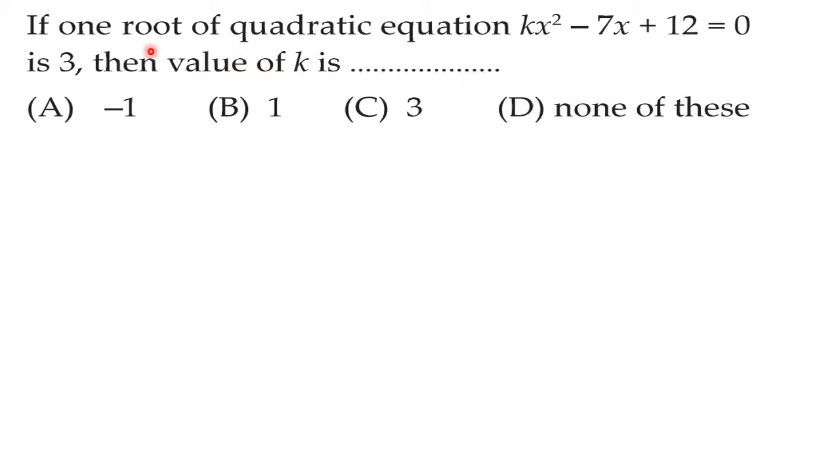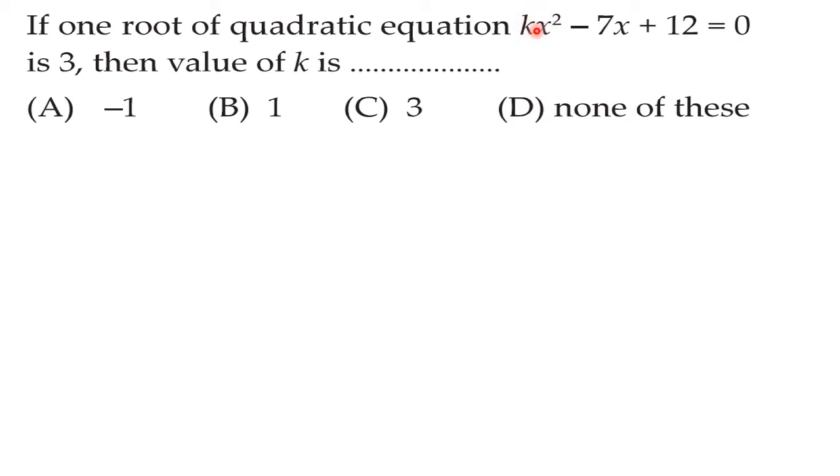Whenever such a question comes and one root is provided, whatever value is given, you have to substitute in place of x and solve. This value satisfies this equation. So you are going to put x is equal to 3. So 3 square is 9, so here you will get 9k. Solve it along with me as I am saying.